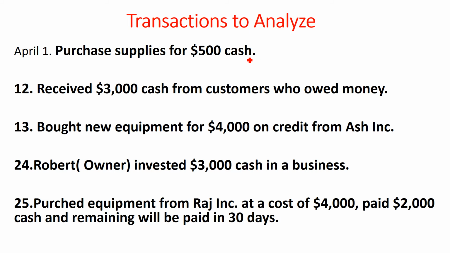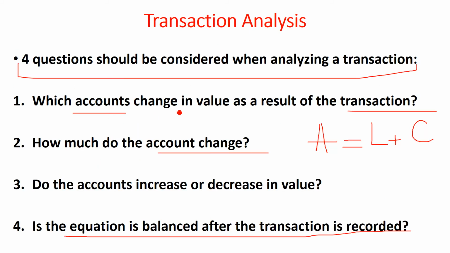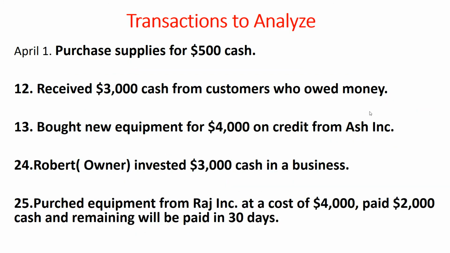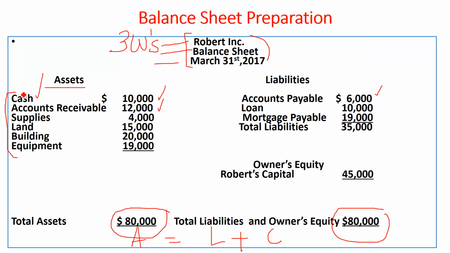So the first point is which accounts change in value as a result of the transaction. And one more thing: each transaction affects at least two accounts. Now, what does it mean? We have different accounts, and these are a few accounts: cash, receivable, supplies.